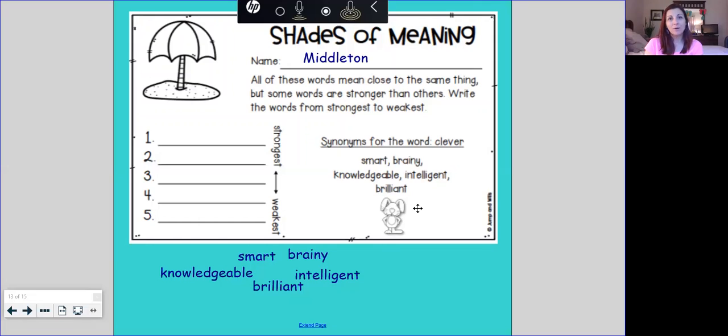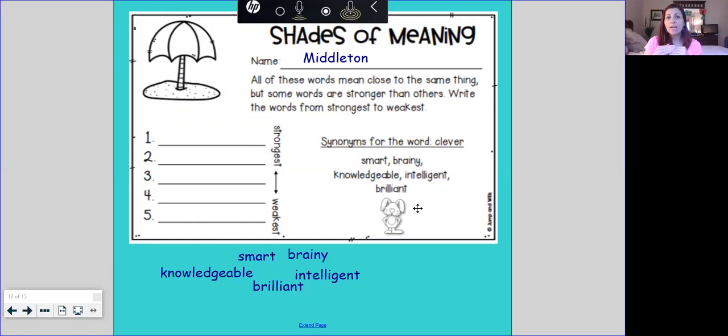But each of these words kind of has a different level of strength or a different shade. Some of these words are kind of a weak example of clever, and some of these are a really strong example of clever.